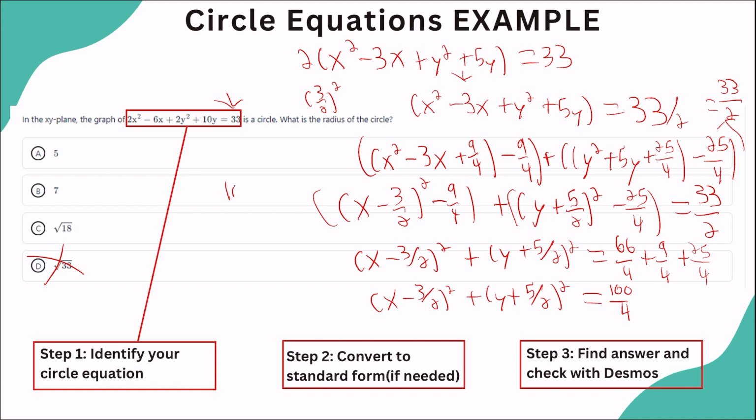And 100 fourths equals 25, and so r squared is 25. We square root both sides and we get r is 5. That's going to give us A.